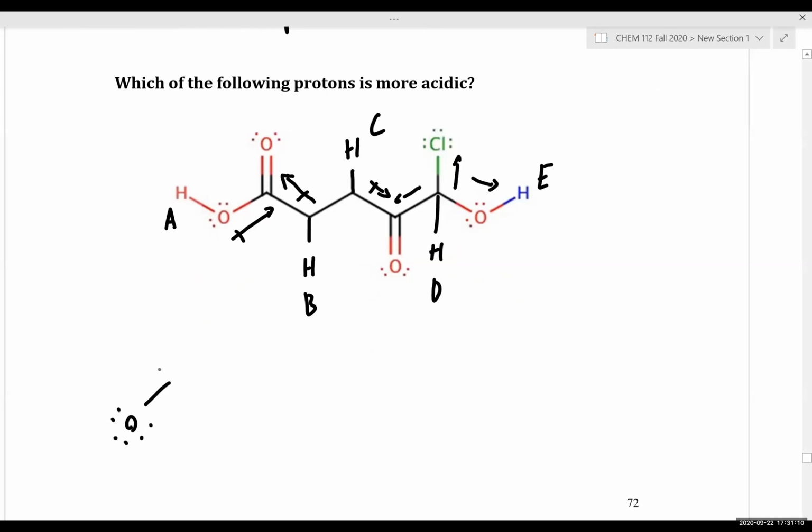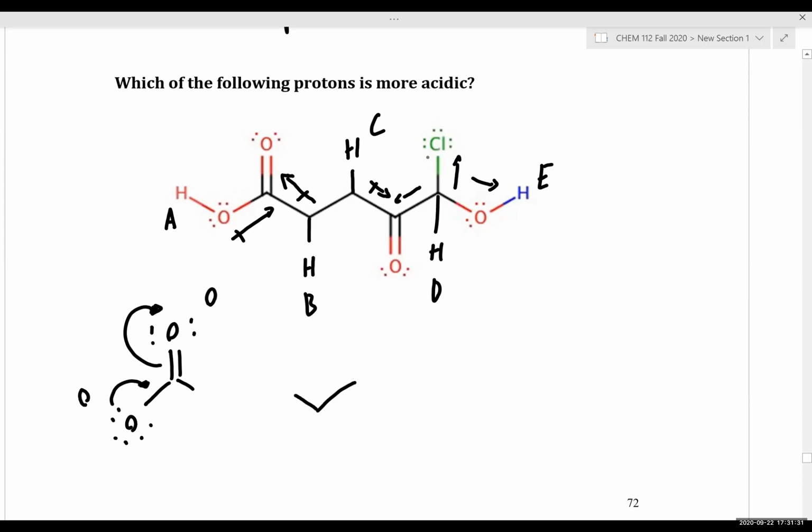So if we remove proton A, we can delocalize our electron density across an oxygen and an oxygen atom. So we can delocalize our electron density across very electronegative atoms.